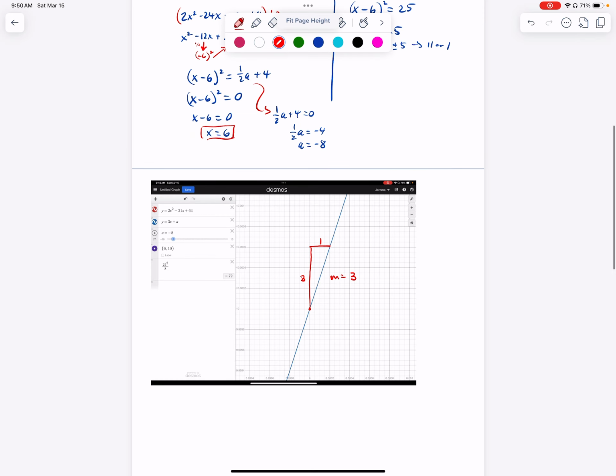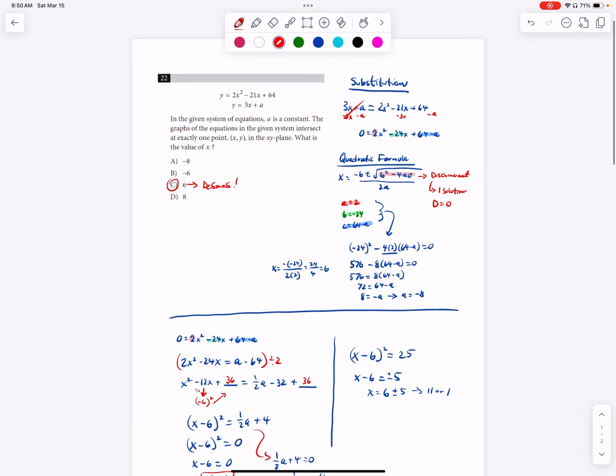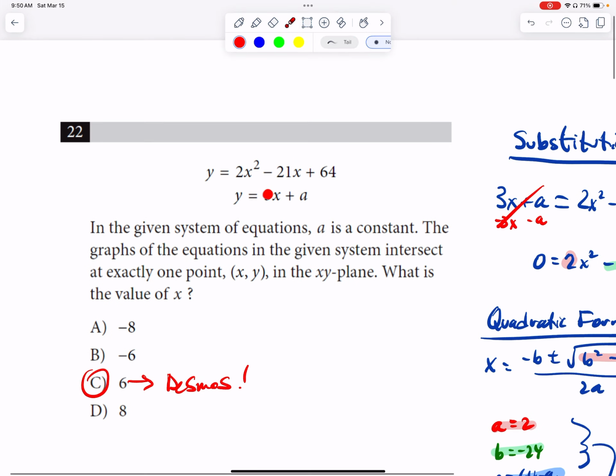Notice that, of course, is the slope of our linear equation right here. So basically what's happening is detailed in the question. If you're having only one point of intersection, then that means that this guy must be a tangent line.